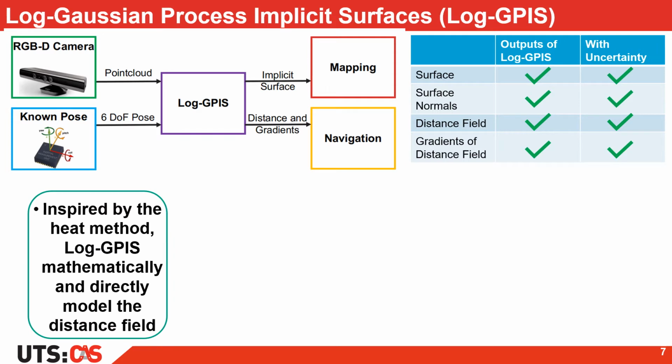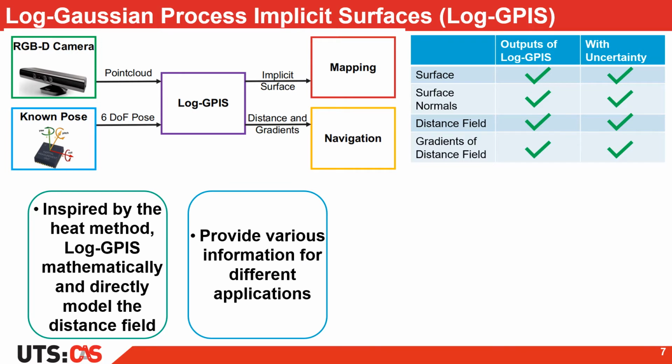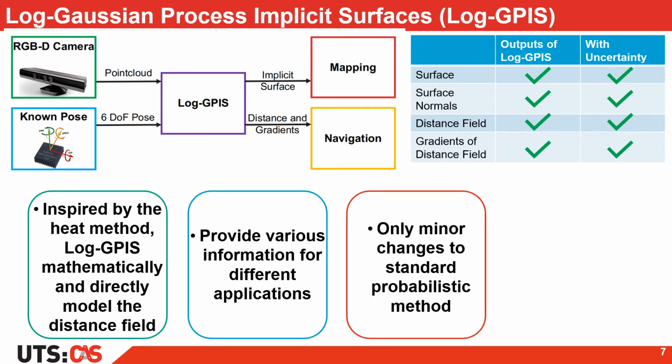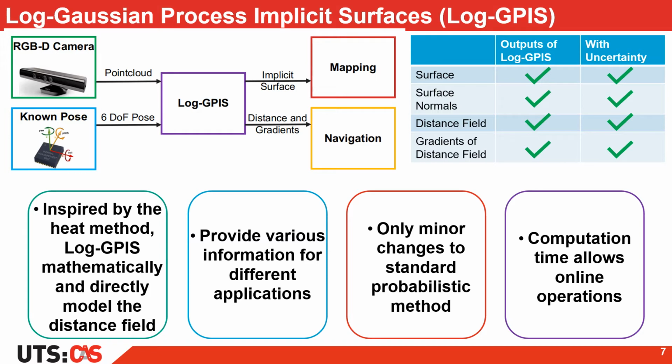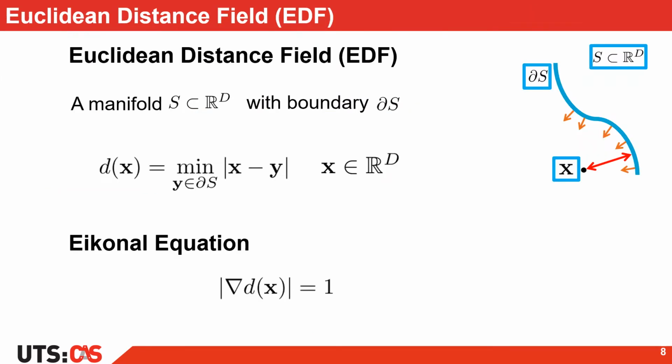Inspired by the recently proposed heat method, it simply solves the regularized eikonal equation to model the distance field mathematically. By doing that, it can provide different information for different applications. Only minor modifications to the standard probabilistic method are needed. The computation time allows online operation.